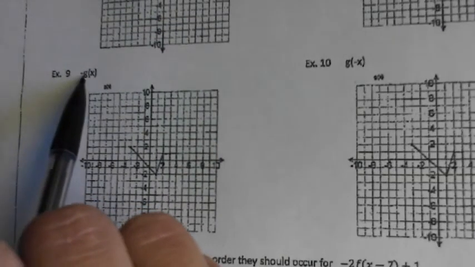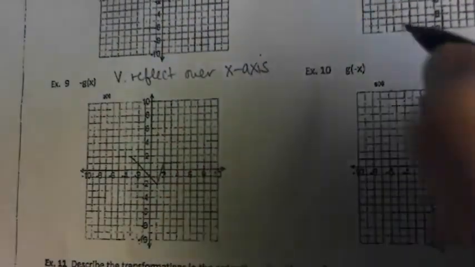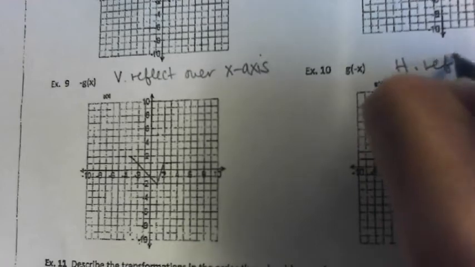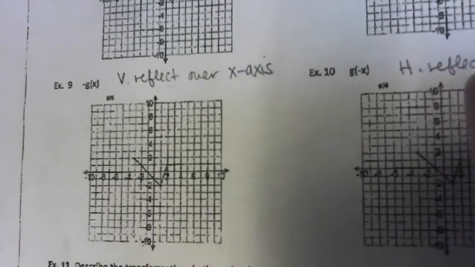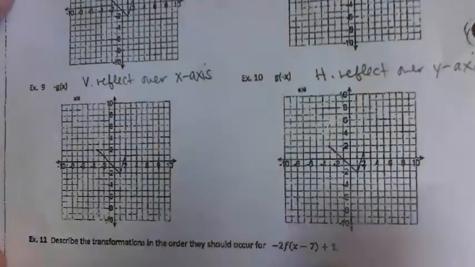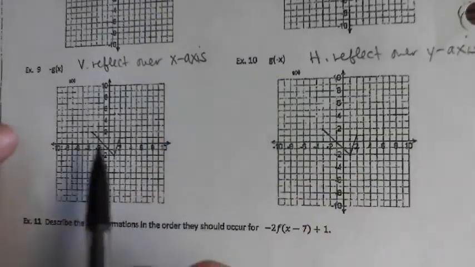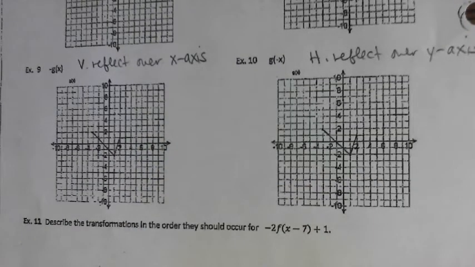So this negative sign being outside the function is a vertical reflection over the x-axis. And 10 is a horizontal reflection over the y-axis. I'll do the vertical reflection. So again, it's all about how far away is it from the x-axis.